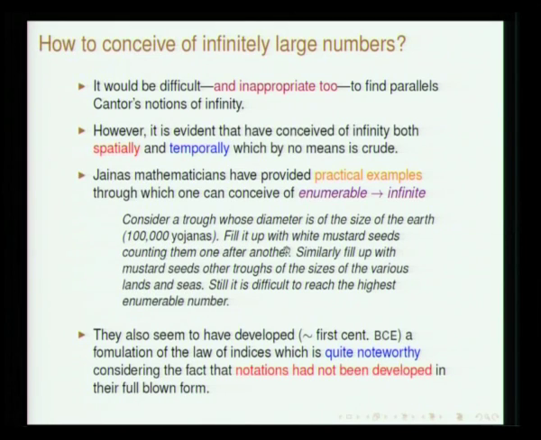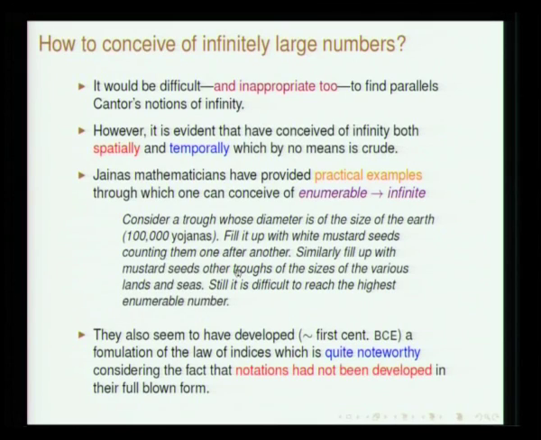Fill it up with white mustard seeds, imagine, and keep counting them. Similarly, fill up with mustard seeds other troughs of the size of various lands and seas, okay. One is the size of the earth, still it is difficult to reach the highest enumerable number. This is just to give you a certain conception of what we are talking about when we say large numbers.